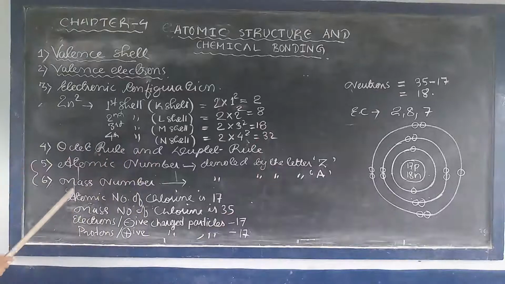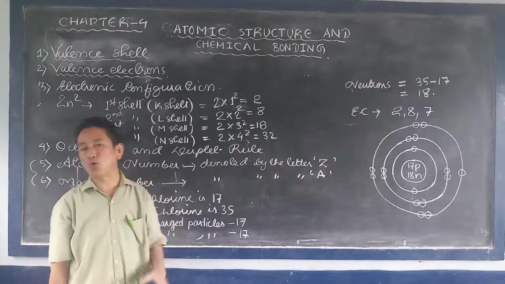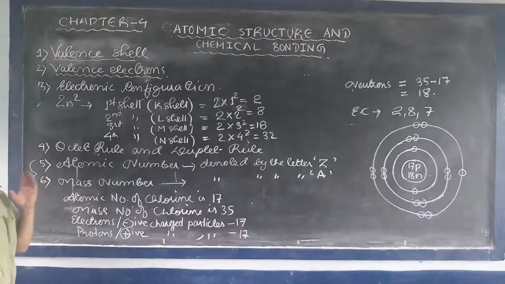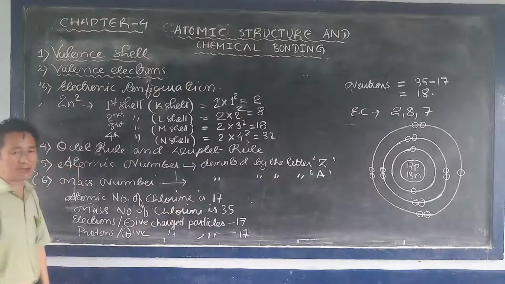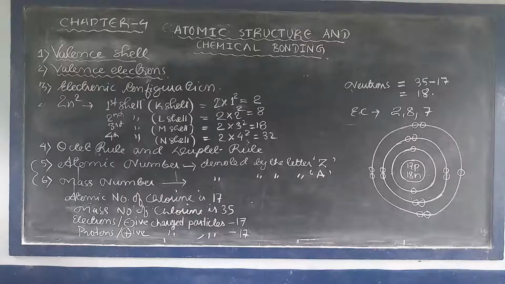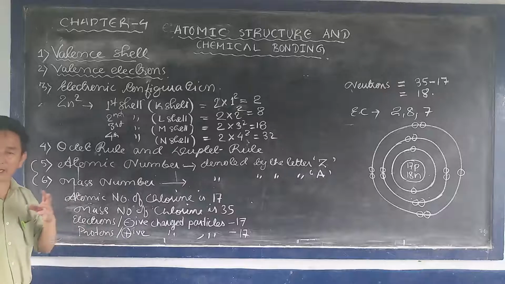Now next here, mass number. Now what is mass number? Mass number means the sum of the protons and the neutrons present in the nucleus of an atom. Here is an example: atomic number of chlorine is 17. Atomic number is very important because it gives the electronic configuration of an atom.